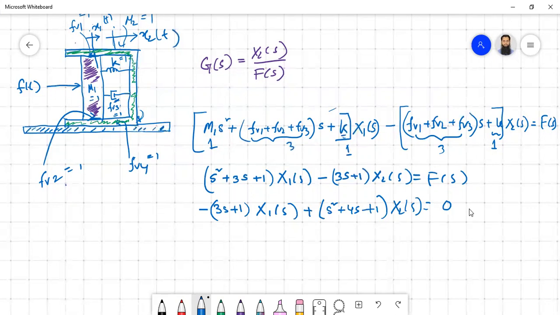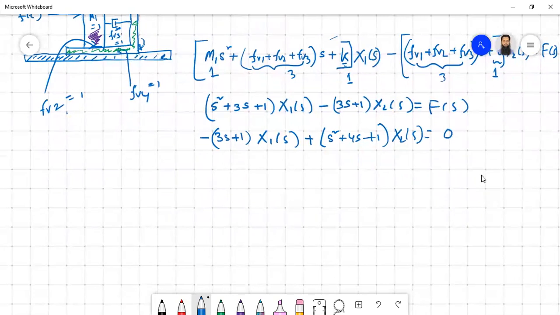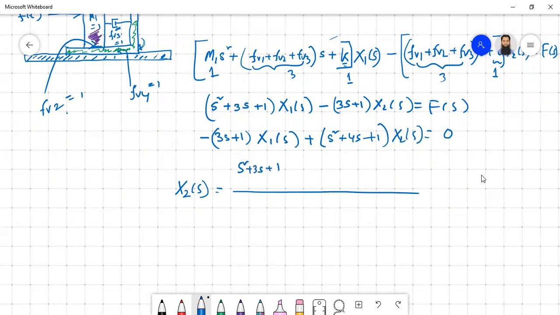Now what they want you to find out is X2 by F(s). So you have to go for Cramer's rule, and we are interested in X2(s). X2(s) equals the determinant with columns (s square plus 3s plus 1, minus 3s plus 1) and (F(s), 0), divided by del.